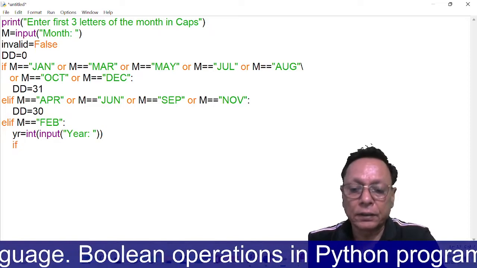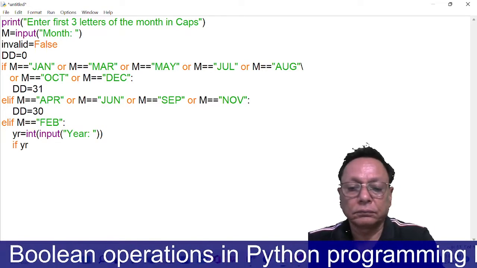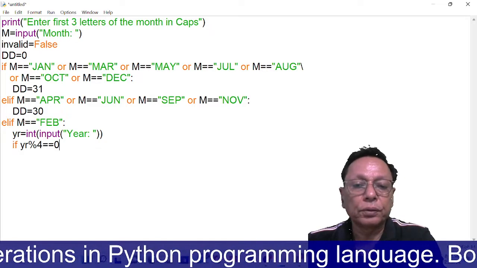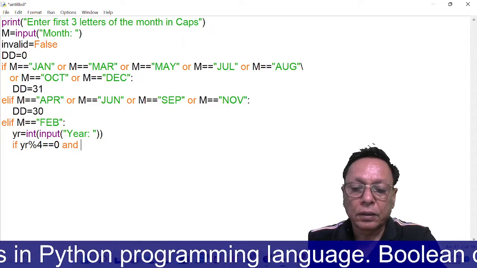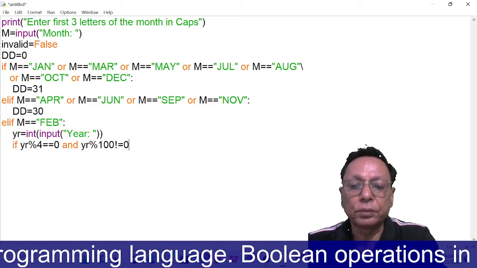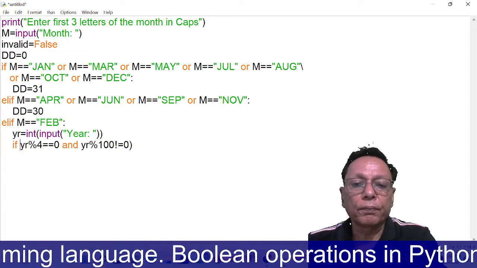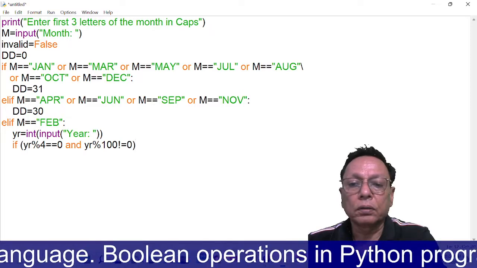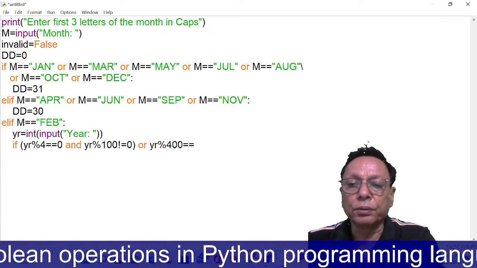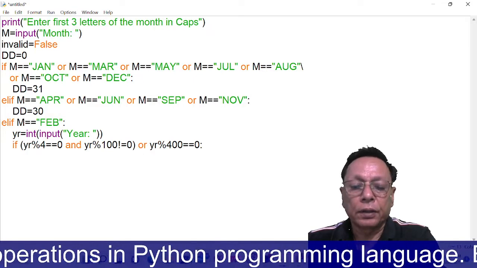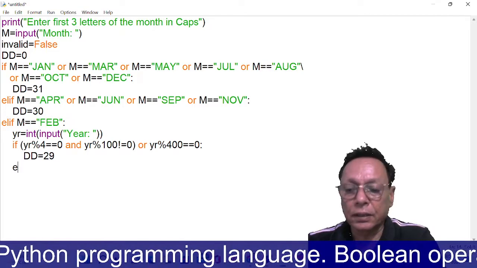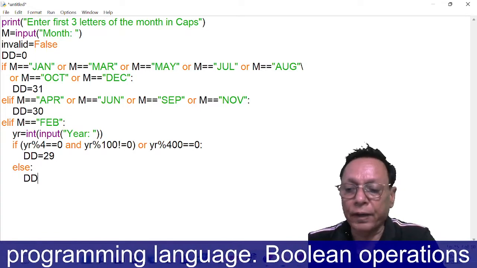And if year modulo 4 is equal to 0 and year modulo 100 is not equal to 0, or year modulo 400 is equal to 0, then the number of days is equal to 29, else the number of days in Feb is 28.